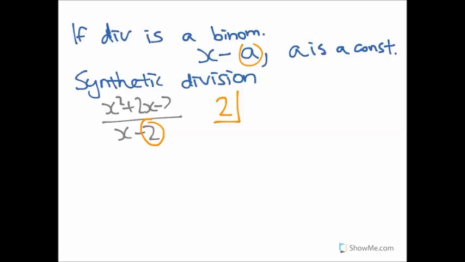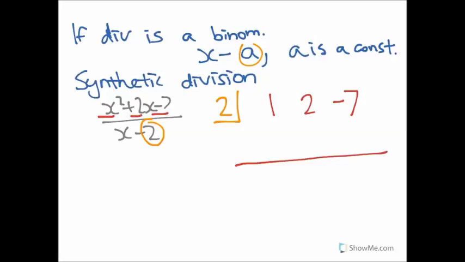And then we're going to take all of the coefficients of the dividend. So in this case it would be a 1, a 2, and a negative 7, and write it on the same line. So we have 1, 2, and negative 7. I'm going to draw a line a little bit below that.